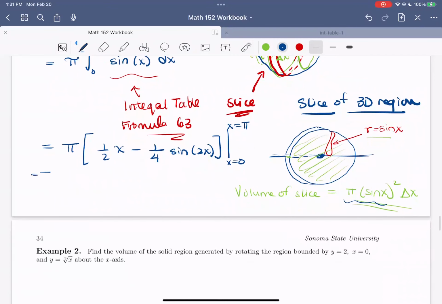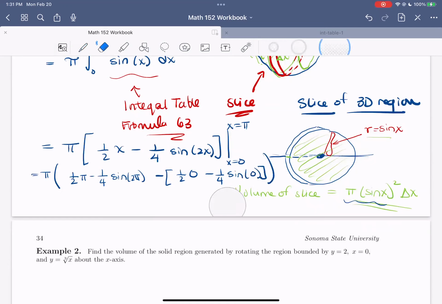So we get pi all times 1/2 pi minus 1/4 sine of 2 pi, minus, and I'm going to use parentheses so no negatives drop, 1/2 times 0 minus 1/4 sine of 2 times 0, which is just 0.